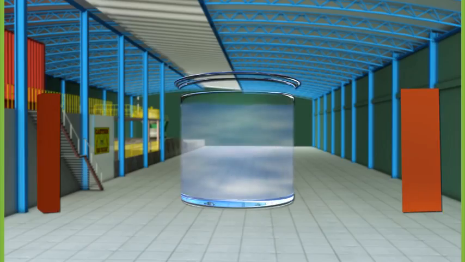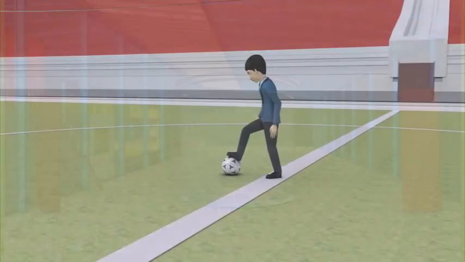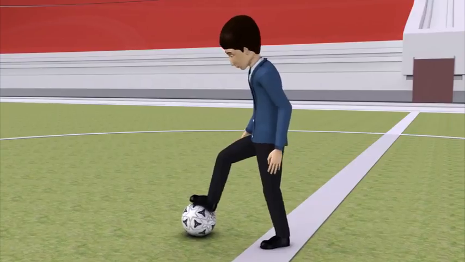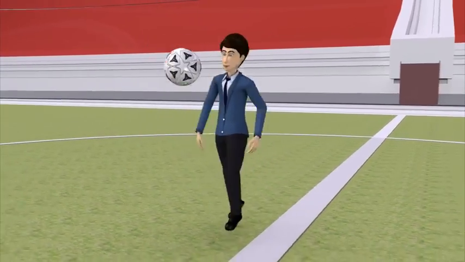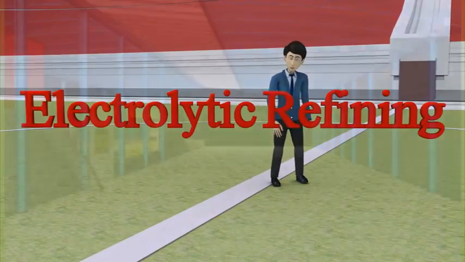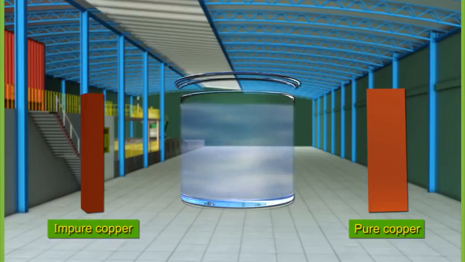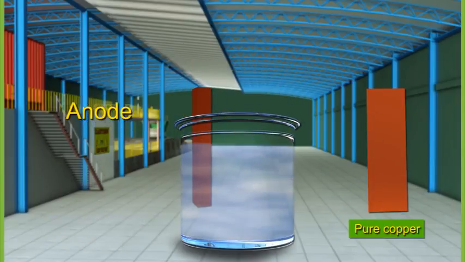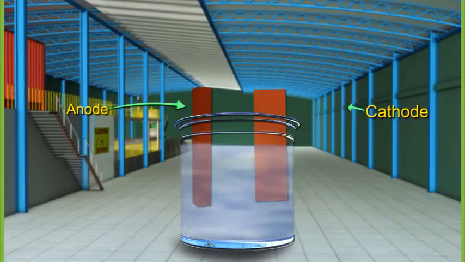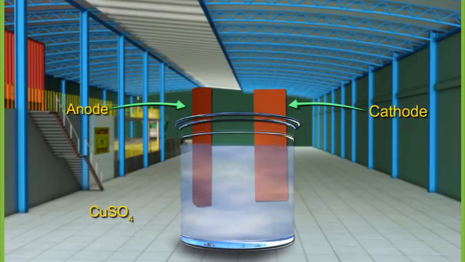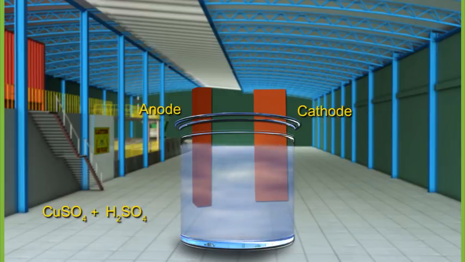It is purified by electrolytic refining. Take impure copper metal as anode and thin plate of pure copper metal as cathode. Take copper sulfate solution acidified with sulfuric acid as electrolyte.